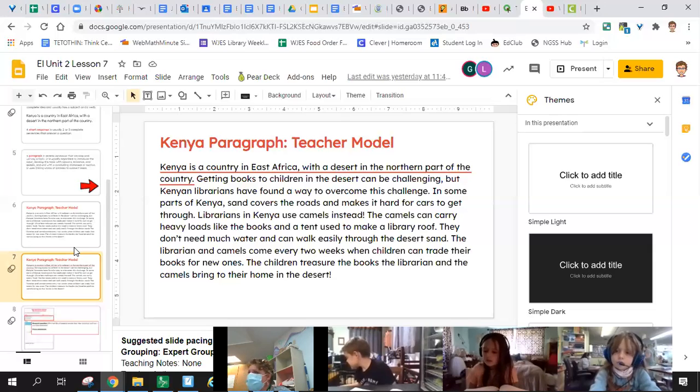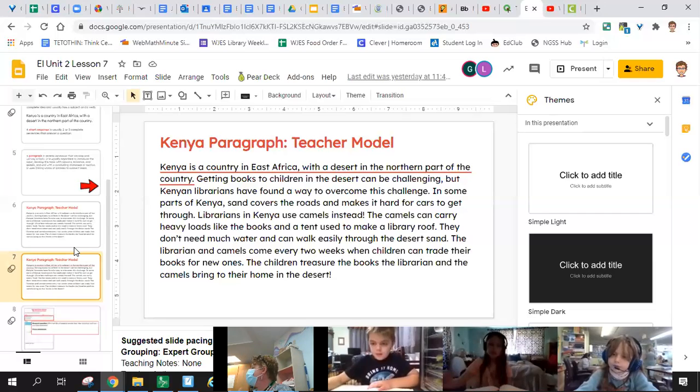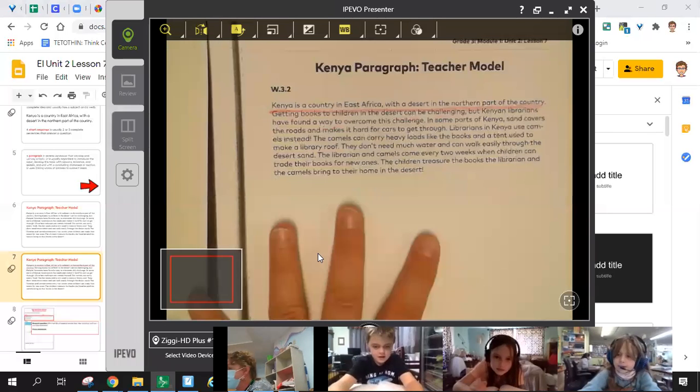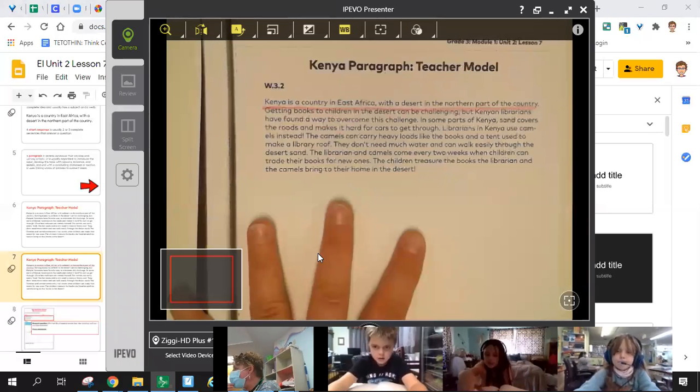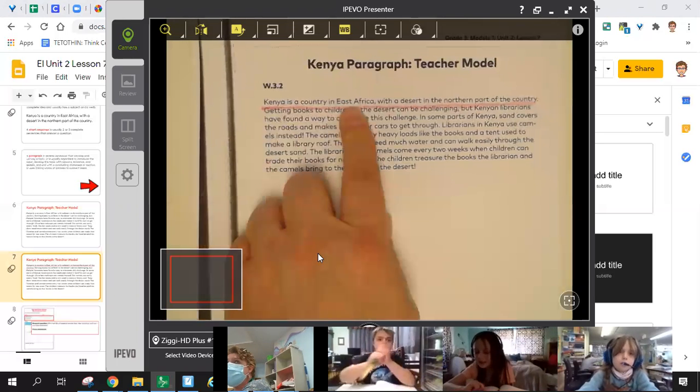Right, so if we just plop the reader into the middle of our paragraph without telling them a little bit of information about it, are they going to be a little confused? They might be. So we're giving them a little bit of information so that they can get an idea about what it is that we are going to be talking about. We're going to be talking about Kenya. We're not talking about the United States. We're not talking about Canada. We're talking about Kenya. And it's telling us where it is.